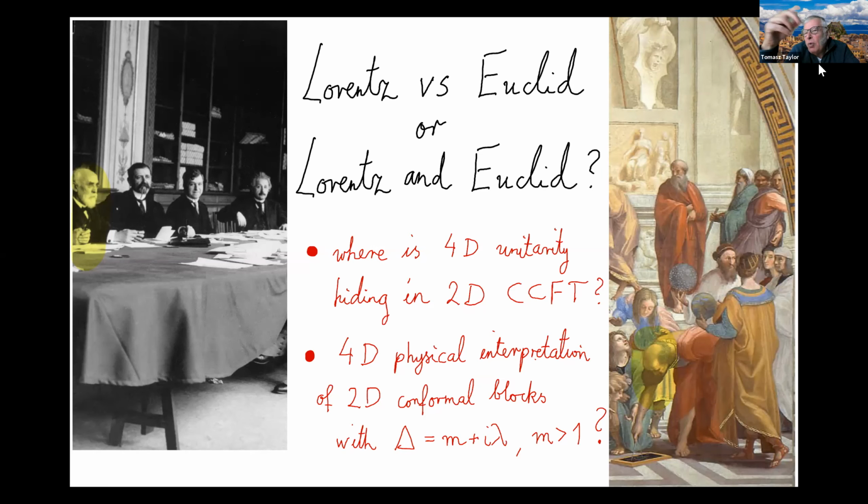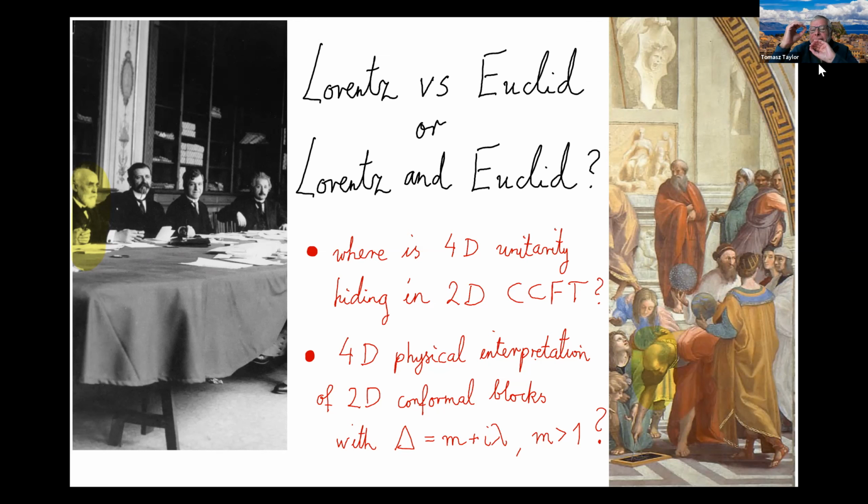By the way, another reason for going Euclidean in two dimensions is that then we are using techniques which are well developed over many years in CFT. And after all, the goal of celestial holography is not just to describe the world as a hologram and appreciate it, but the goal is to understand four-dimensional physics better.